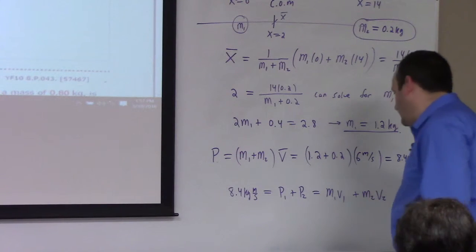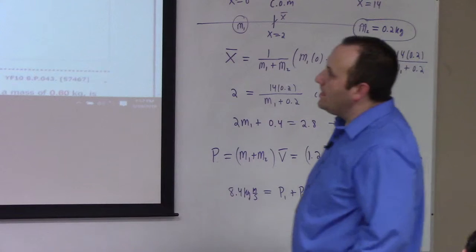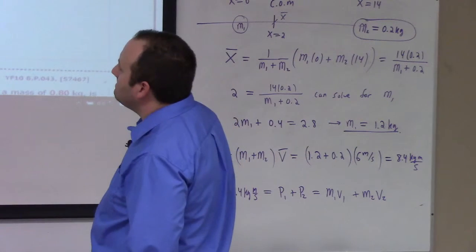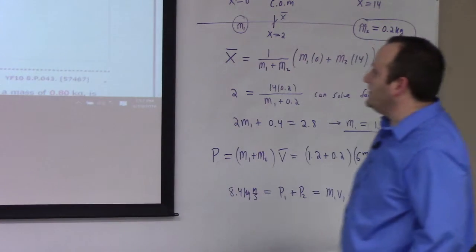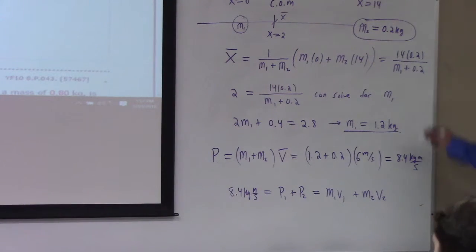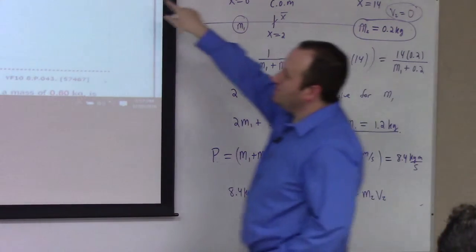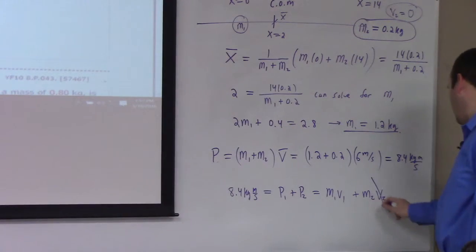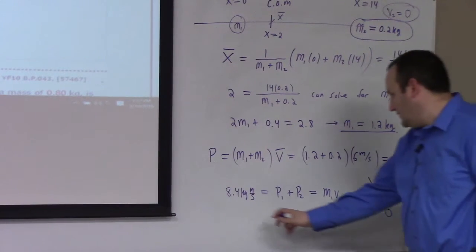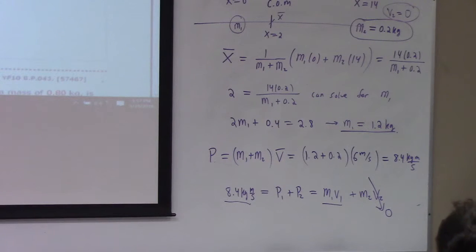You know everything here except for what? Excuse me, what is v2? That's given at the start, at rest. So this is 0, and you can easily solve this for v1, right? That would give you part C.